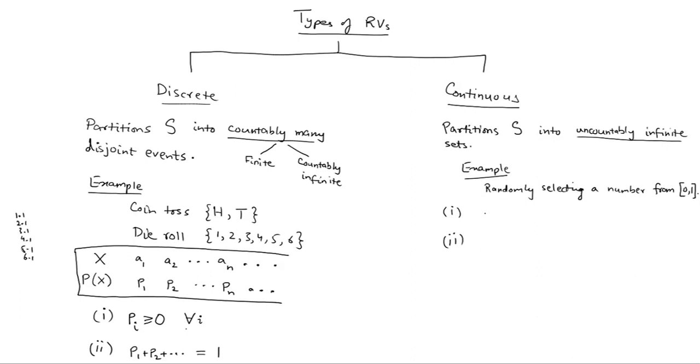Okay, we will say that if the random variable takes on any value x, we're not going to say probability of x, we're just going to use a function f of x, and this function f of x is going to be greater than or equal to 0, for all values x that the random variable takes.